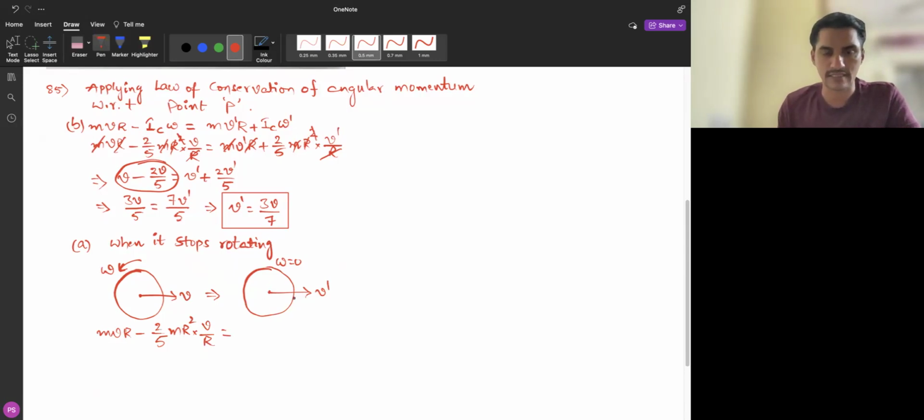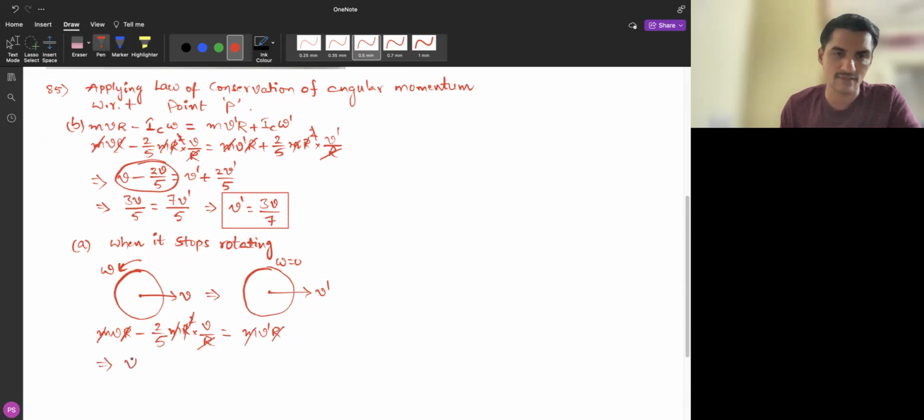Okay, now let us apply for the second condition. In that, omega is equal to 0. That's why angular momentum due to rotation we are not considering. Only due to translation we are considering, that is m into v dash into r. Again, as usual, R gets cancelled, mass also gets cancelled.